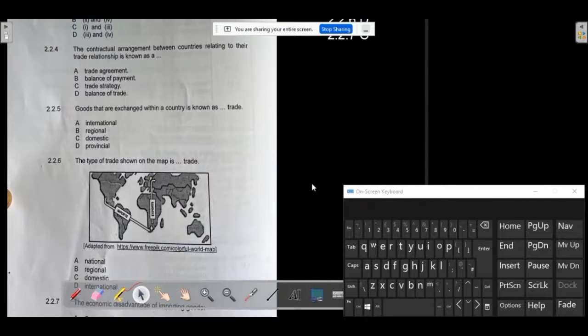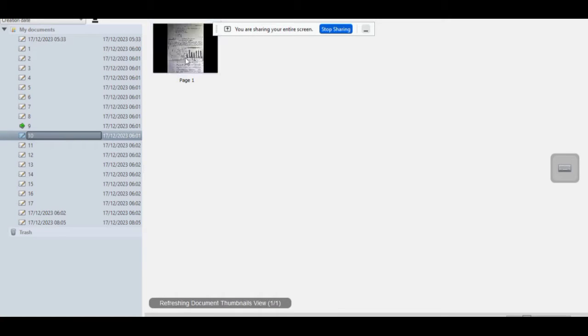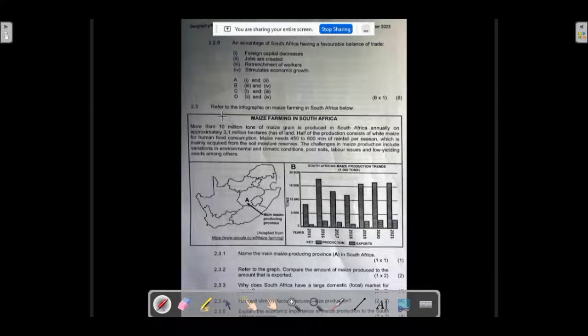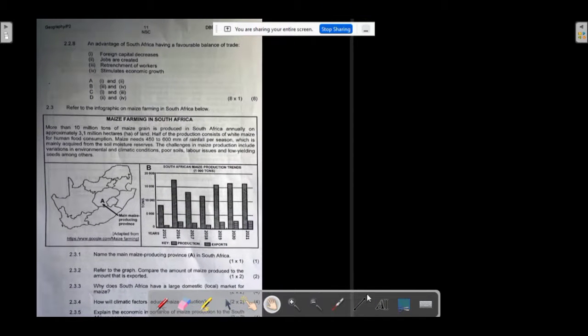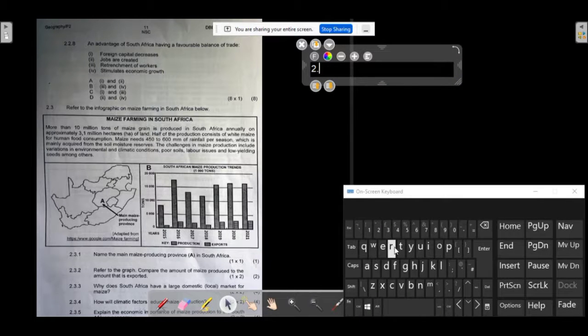So it's 2.2.7. Do we have 2.2.8? Oh yes, we actually do. 2.2.8, an advantage of South Africa having a favorable balance of trade.